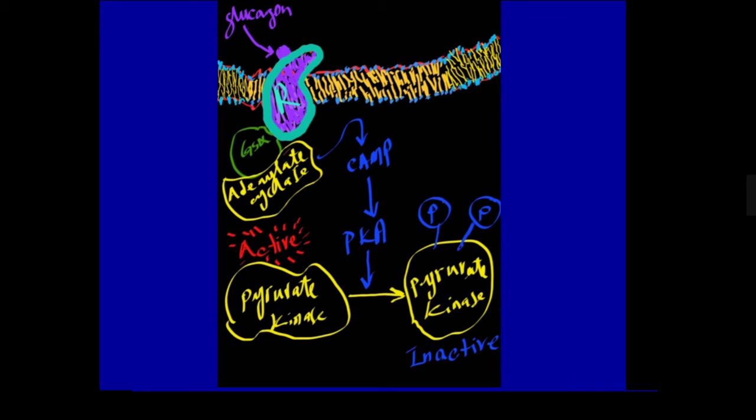So by looking at that, you should say the enzyme is inactive when glucagon is high. Typically, glucagon is high when blood glucose is low. Okay? So the reverse would be true.